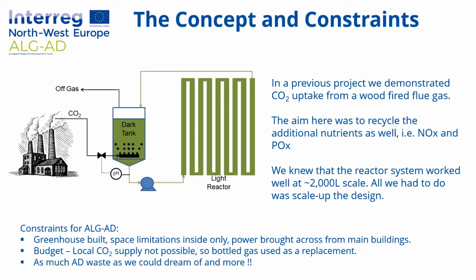Another major constraint obviously was our budget. And as a result of that, we couldn't recycle the CO2 flue gas that was available on site. So we used a bottle gas as a replacement, as I said. And basically, in terms of the nitrates and phosphates, we had as much of this as we could possibly imagine. The facility at Langage is quite large, so there was effectively for us an unlimited supply of nitrates and phosphates, or nutrient, if we just call it that.